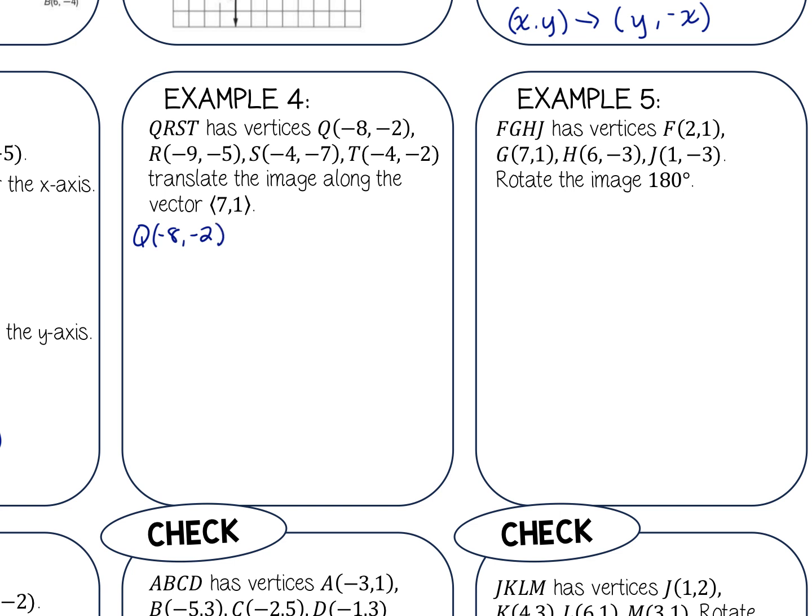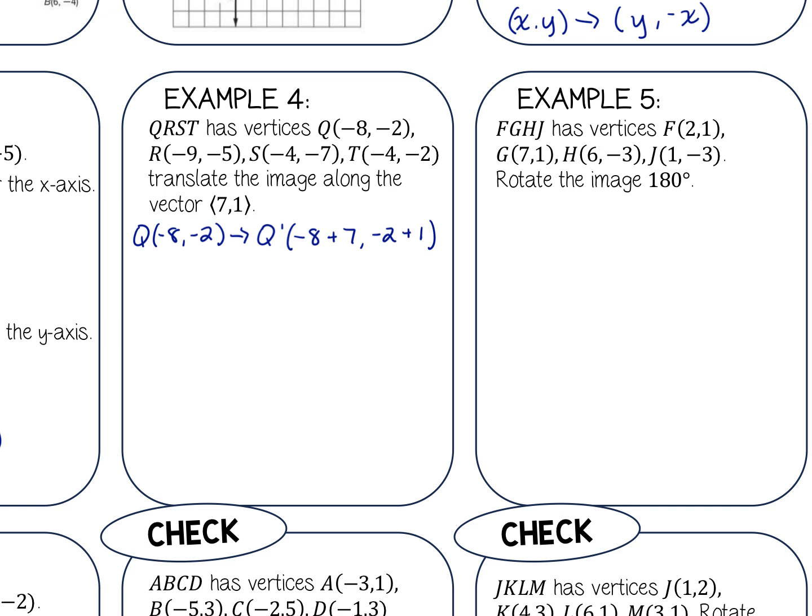That means Q prime is going to be -8 + 7, and in the y value, -2 + 1. I'd also like to note that if this vector said -7, 1, then instead of adding 7, we would subtract 7. So just keep that in mind for future problems.